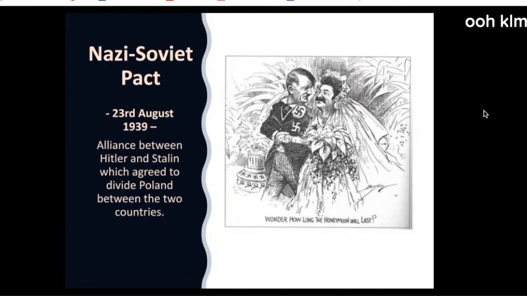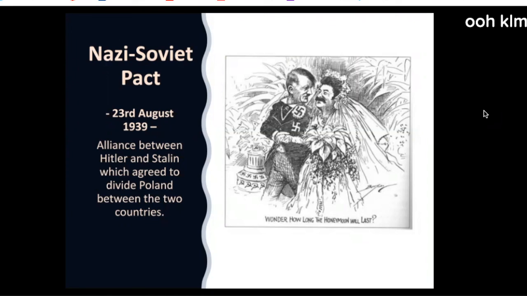Hitler. Who is the bride? Stalin. What kind of message do you think the author is trying to send by making Stalin the bride in this marriage? Yeah, it's showing Hitler as being the leader in the relationship during this time period.